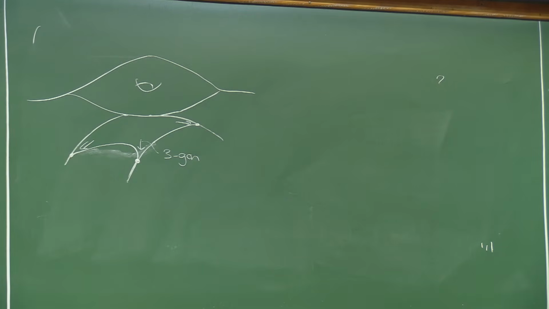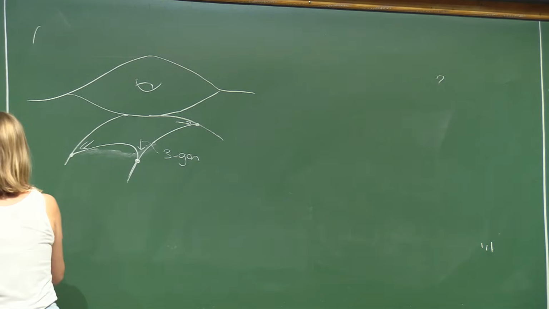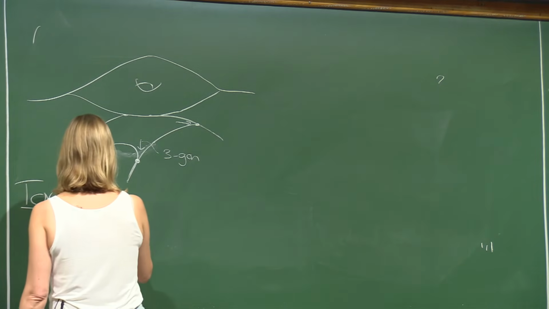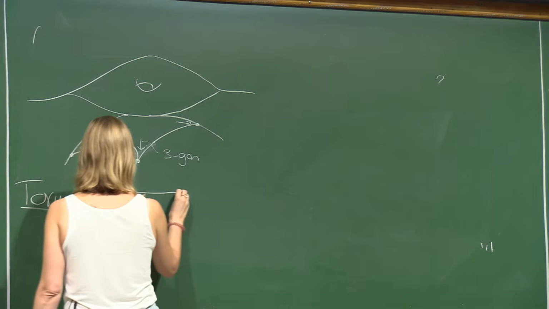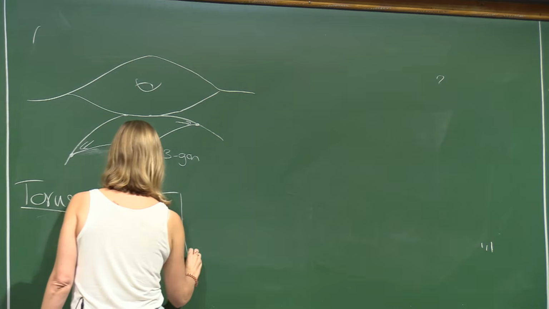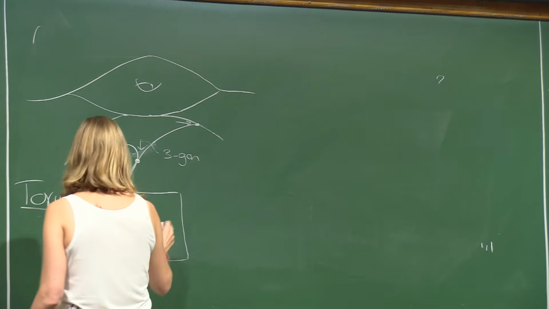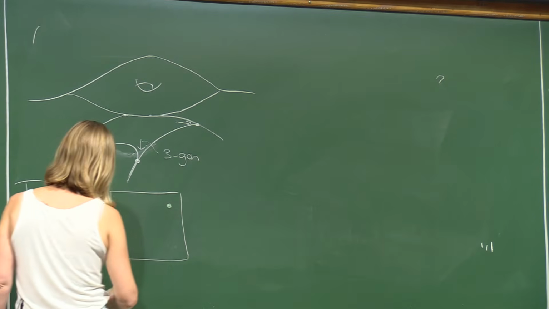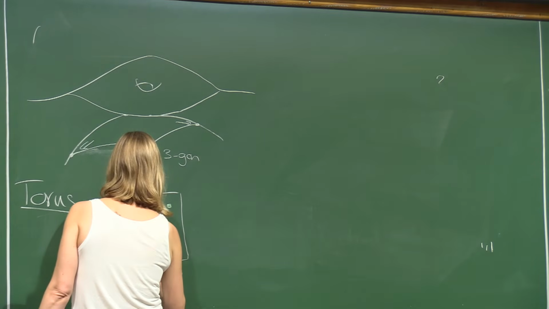So yeah, let's maybe do the punctured torus. Let me maybe put the puncture here. So here's a train track.